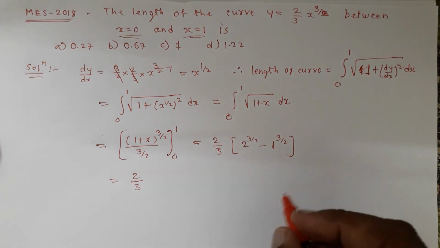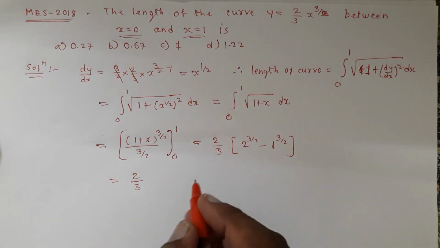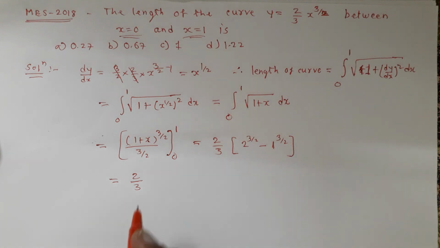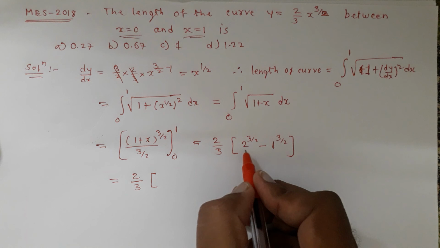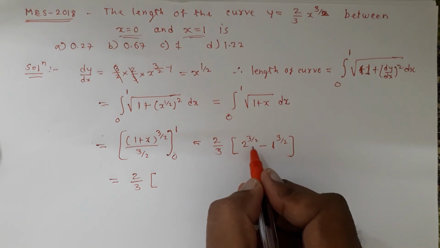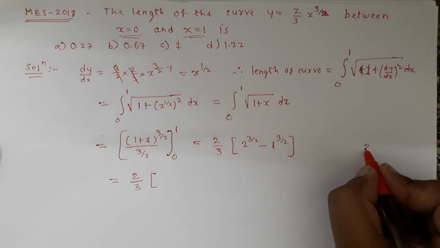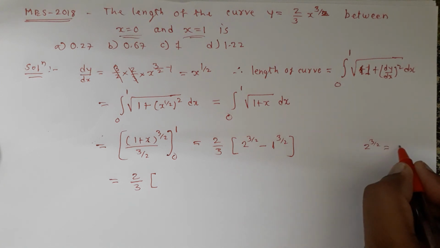Now again, you don't have the calculator when you are in the exam hall, so you will have to do the calculation orally. It can be done like this: 2 by 3 into 2 raised to 3 by 2. I am writing 2 raised to 3 by 2 as (2 raised to 3) raised to 1 by 2.